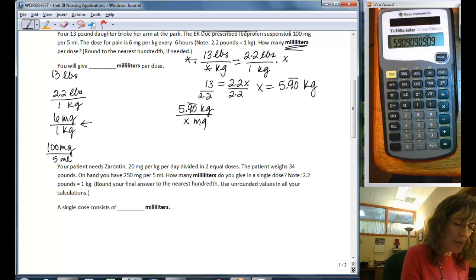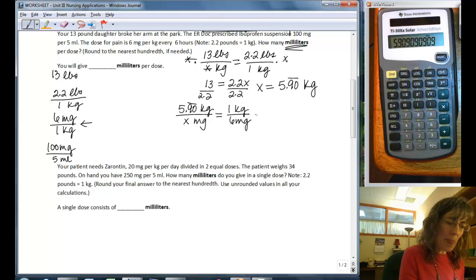So over x milligrams equals, and this is kilograms over milligrams, and my factor is upside down, so I have to flip it. So I'll have 1 kilogram over 6 milligrams. Then I will want to multiply both sides by 6x. My x's go on the left.